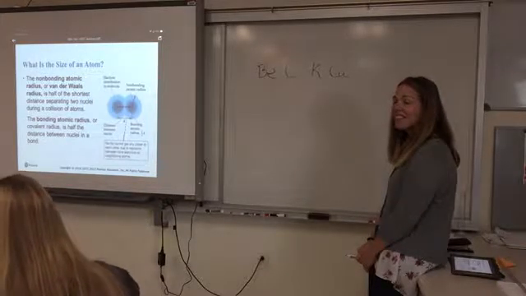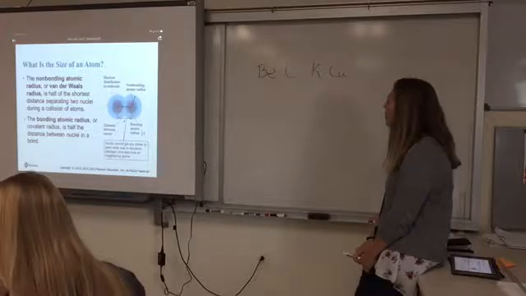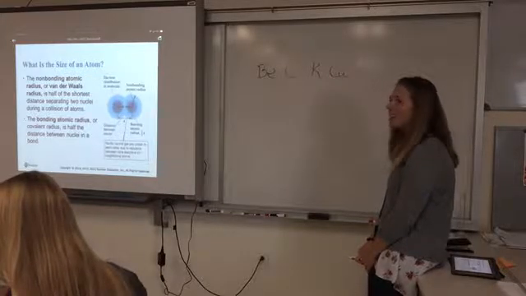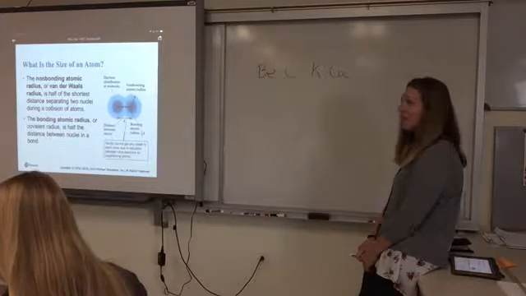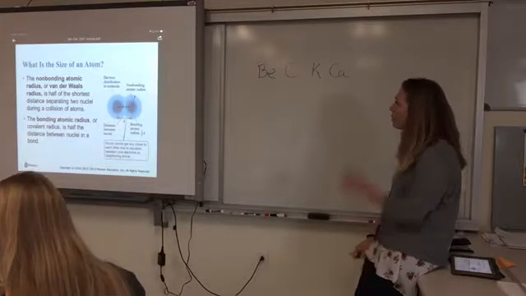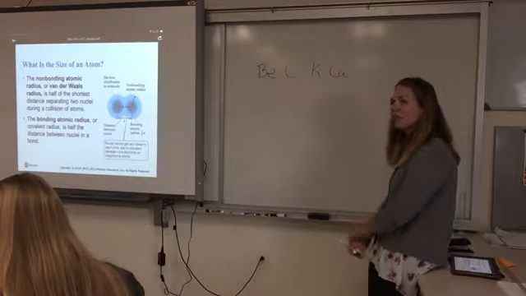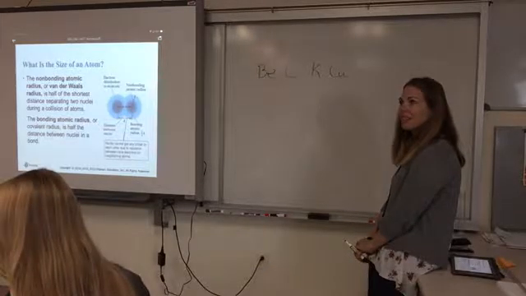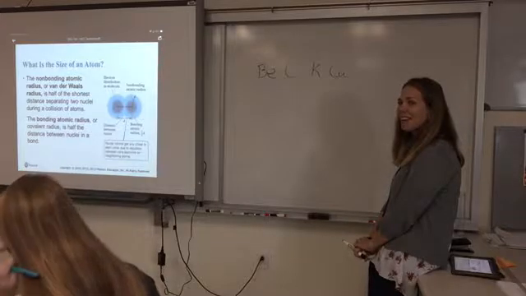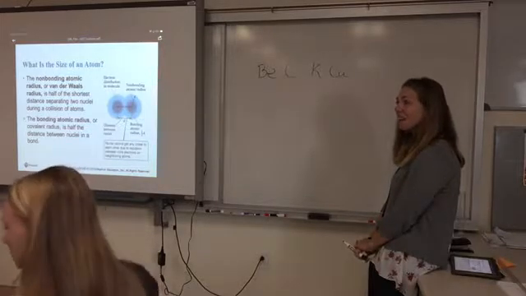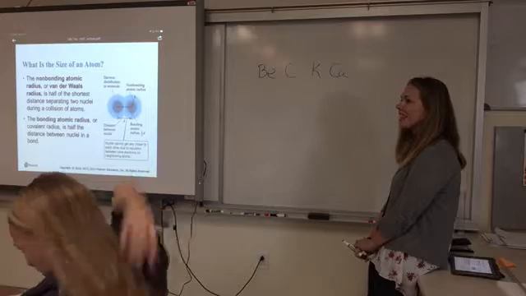All right. So we're going in order of increasing size. Which two should we be narrowing it down for, the smallest? Be and C. Out of those two, which one is going to be the smallest? C. It is carbon. Why? It's further to the right. It's the second energy level.